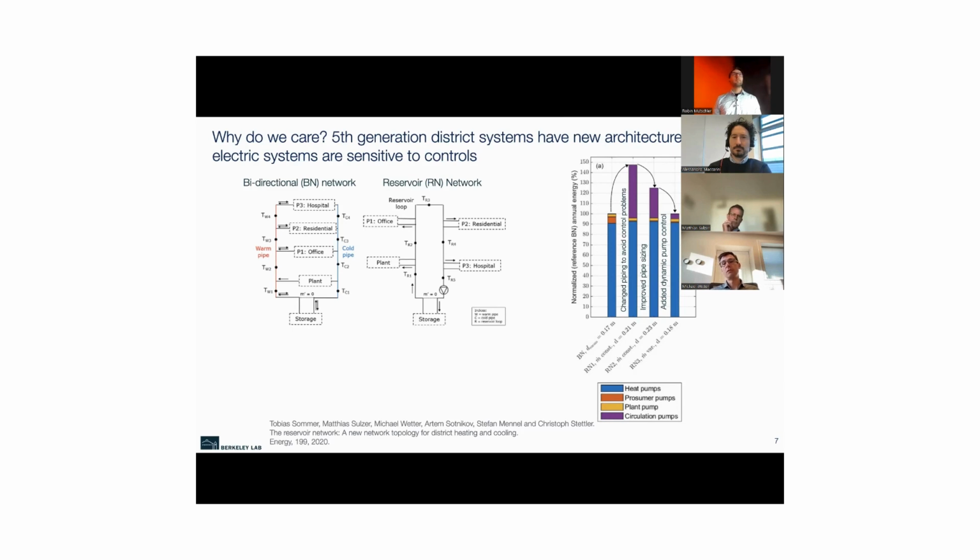And in our study, we started, for example, with energy consumption that we normalized to 100% of the bidirectional network. When you switch to the reservoir network, we had significantly higher energy consumption. But then by improving the pipe sizing and adding dynamic controls, we were able to bring down the energy consumption to the same level as the bidirectional network.